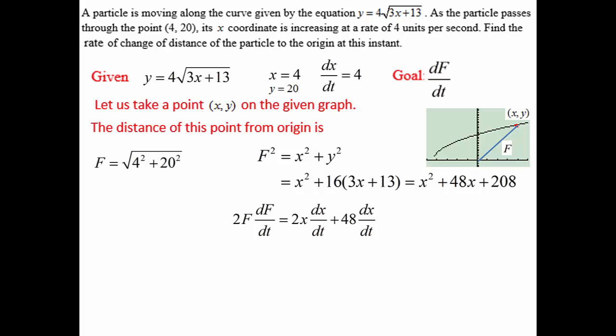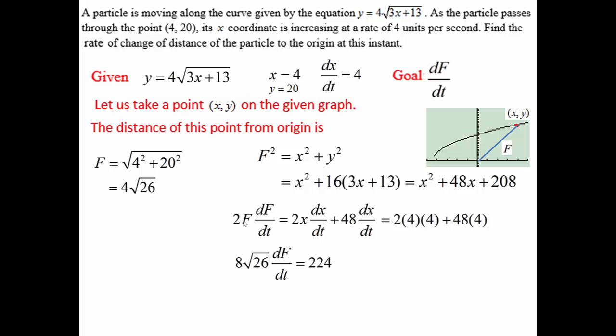And also I need to know what f is. The point I have is (4, 20), if you take the distance between the origin and (4, 20), you get f, which is 4 radical 26. Now we need to plug all these values here. So x is 4, and dx/dt is 4, plus 48 times dx/dt which is 4.